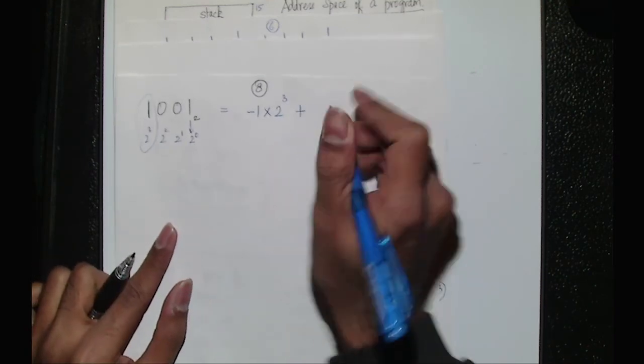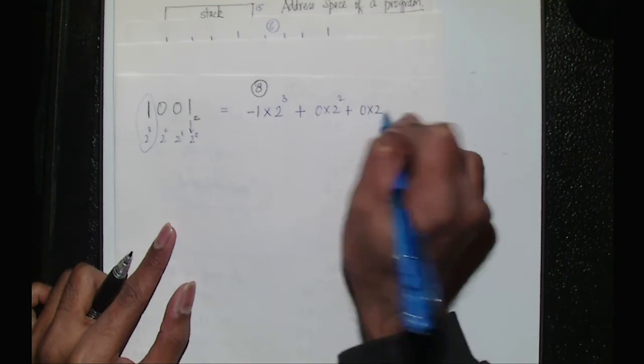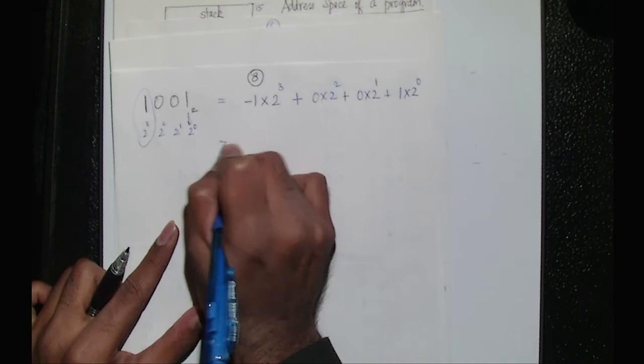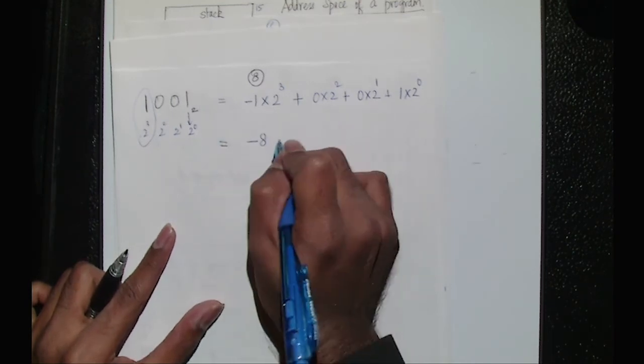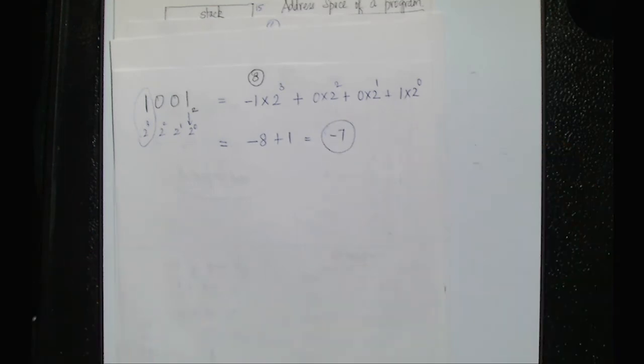And then you just add 0 times 2 square plus 0 times 2 power 1 plus 1 times 2 to the power 0. This turns out to be minus 8 plus 1, which is nothing but minus 7. So in 4 bits, minus 7 is represented like this. Make sense? And you can do this for any number, basically.